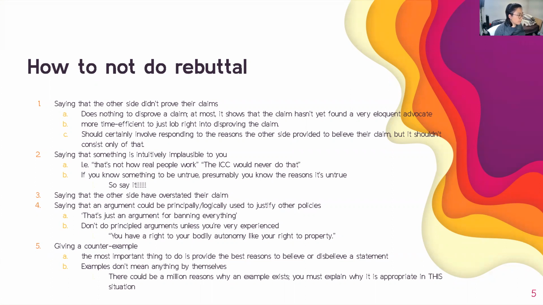So for example, I can't think of a motion off the top of my head, but if it was a motion about banning something from society because it's bad, you don't want to make an argument by saying, well, by this logic, they would want to ban this then. Oh, no, I remember an argument now. Let's say it was a motion about this house regrets the prominence of virtual reality in popular media.